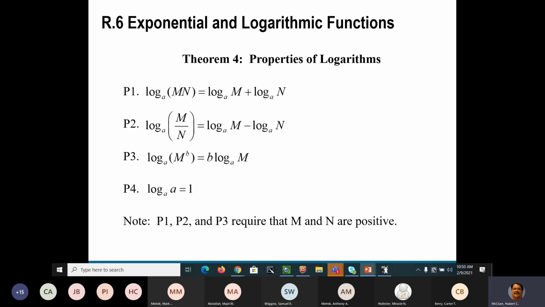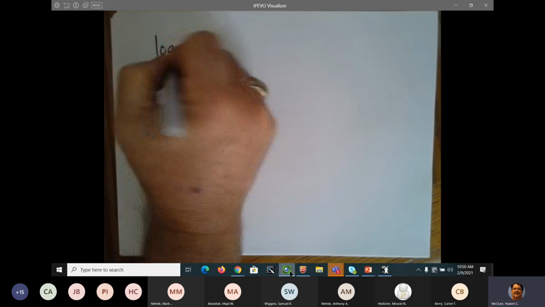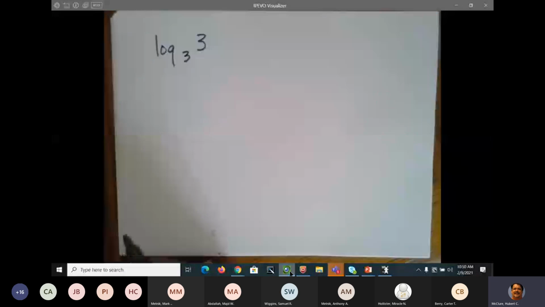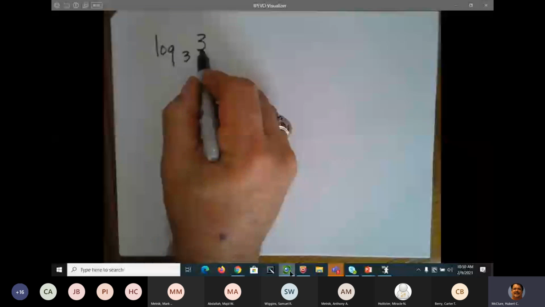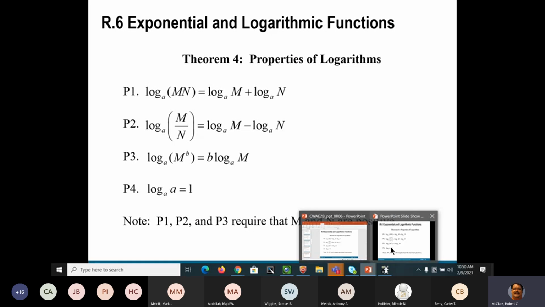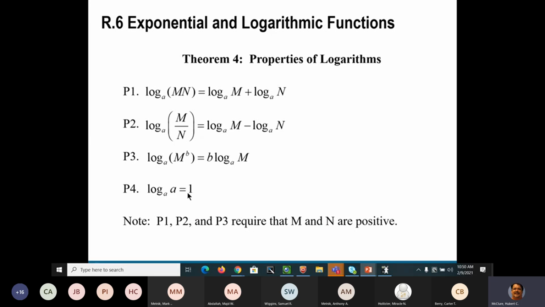Now, what if I give you this on a test? What if I give you log base 3 of 3? Well, since the base is equal to the 3, since these two are equal, you use this property that says it is equal to 1. Or you could do the change base formula.